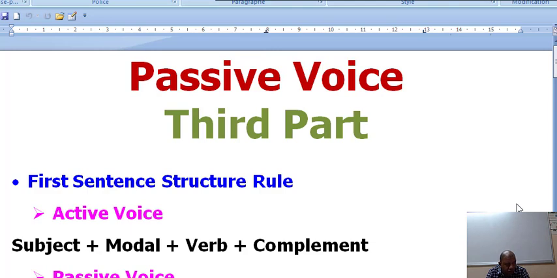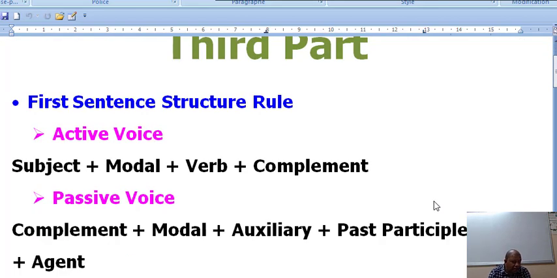Concerning the active voice, we are going to have subject, modal plus verb infinitive, complement. When we transform it to passive, we begin with the complement. We put the modal that we have in the active.